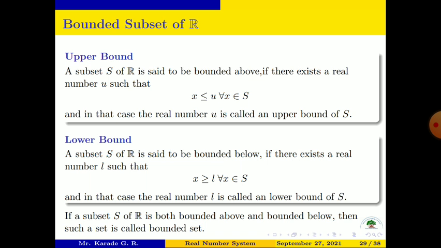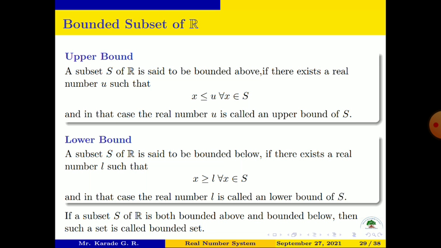Set is bounded below if lower bound exists. If upper bound exists, then we say that set is bounded above. So if lower bound exists, all elements of set S are greater than or equal to the lower bound.